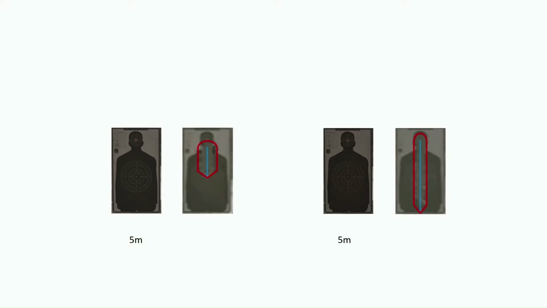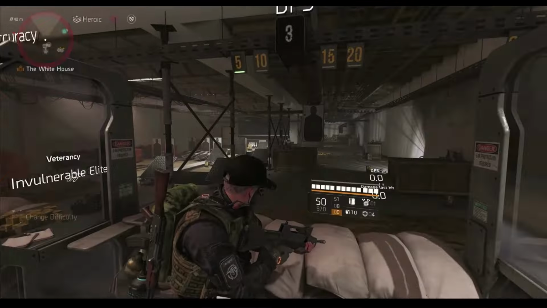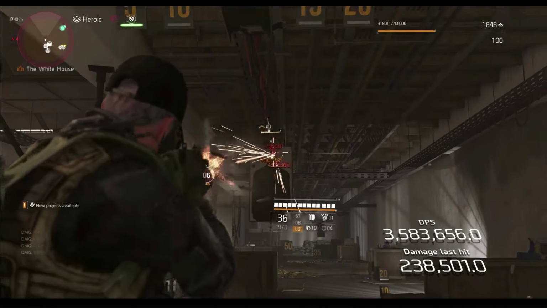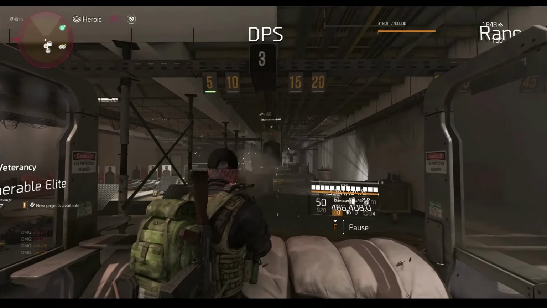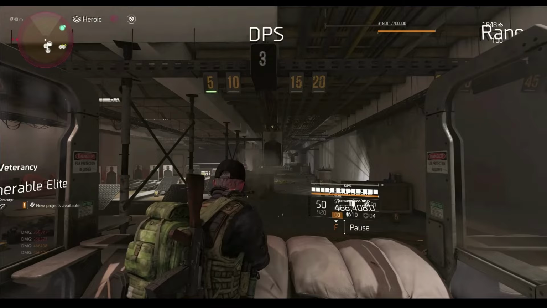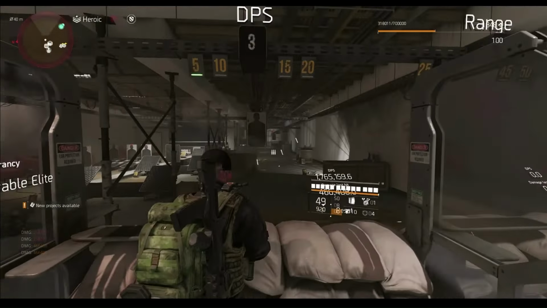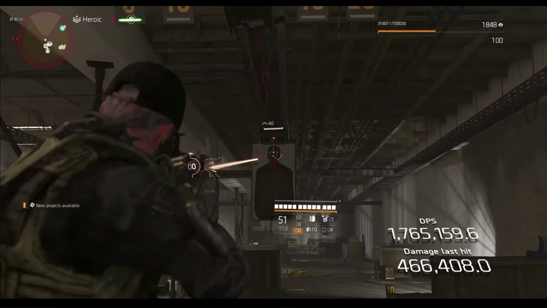I started with the AK and the FAMAS, without any attachments other than the magazine, and I just went in and fired at nothing but the head. FAMAS first, followed by the AK. Just a quick check to see how much stability I was applying to the weapon.